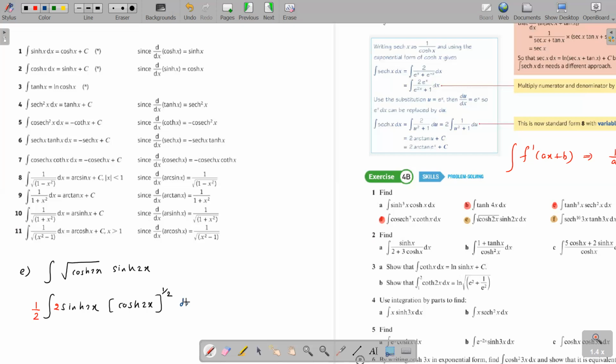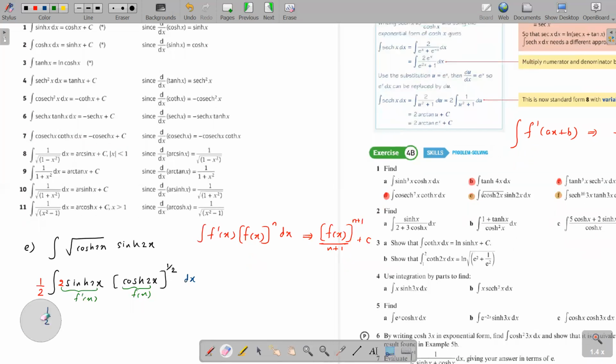Okay, so then let's integrate. I'm using the rule, once again, f dash x into f x to the power n. When I integrate, it becomes f x to the power n plus 1 over n plus 1 plus c. So in here we have half times, so add 1. You can see this is your f dash x, right? And this is your f x.